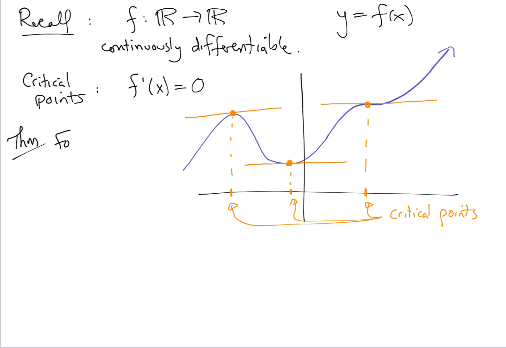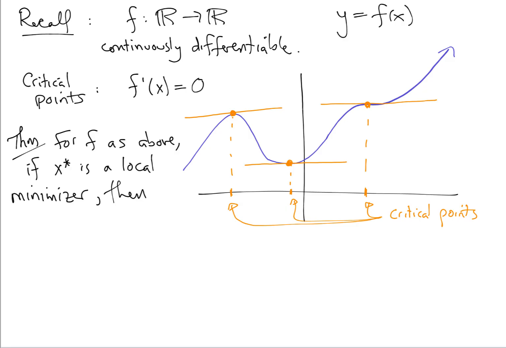So for f as above, if x star is a local minimizer, then f prime of x star equals 0. And this is what we would call the first order conditions. And in this case, they are necessary conditions.